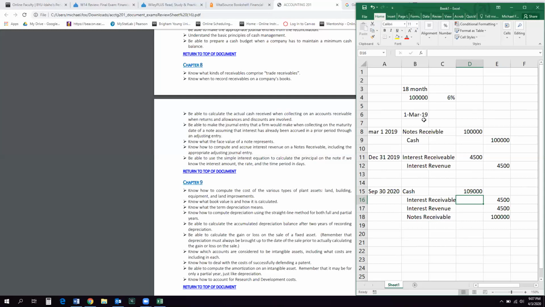And now when they receive payment, they're going to get payment for the amount accrued at the end of 2019, plus the amount of interest revenue that was accrued during 2020 from January 1st to September 30th, and then plus the note receivable. And that's the total amount of cash. So that's going to be a tough one that I think a lot of people will miss unless they practice it.